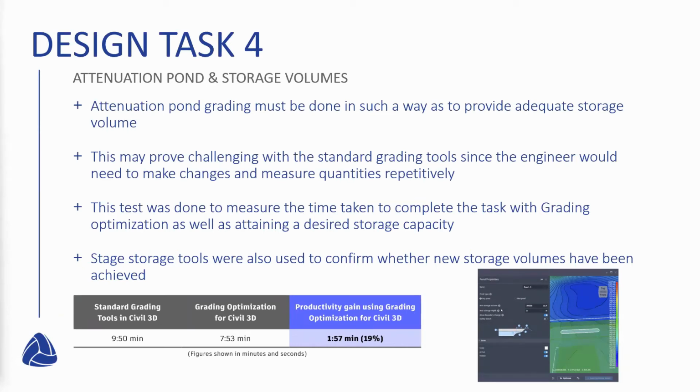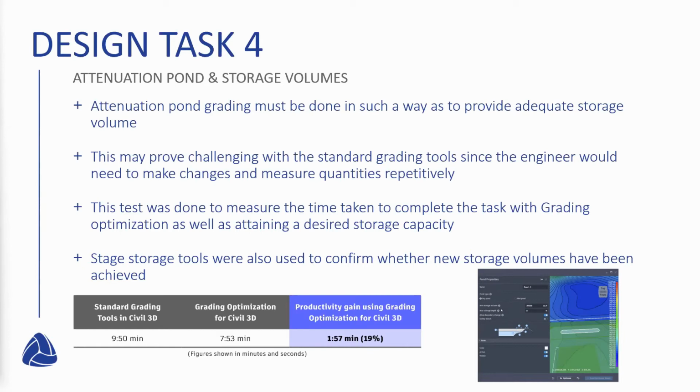Now, this may prove challenging with the standard grading tools, because the engineer would need to make changes and also measure those quantities over and over and over again. You're going to update your attenuation pond feature line, the bottom of the attenuation pond, raise it up, lower it down, and then you're basically going to run your volume calculations over and over and over again until you meet that volume requirement.